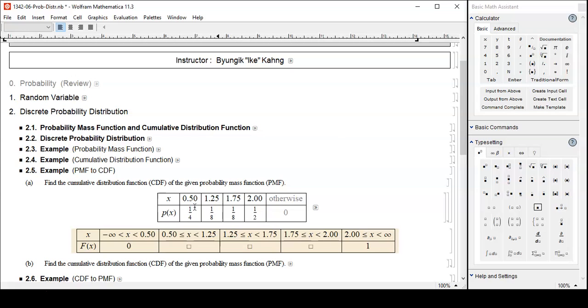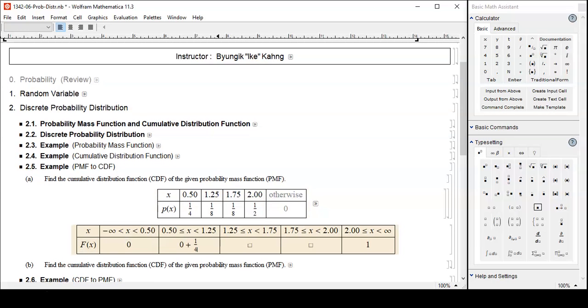Now let's come here. At x equals to 0.5, 1/4 is being added up. So 0 plus 1/4, which is 1/4. Next, 1/8 is being accumulated in. So previously 1/4 plus 1/8, and that results in what? 3/8.